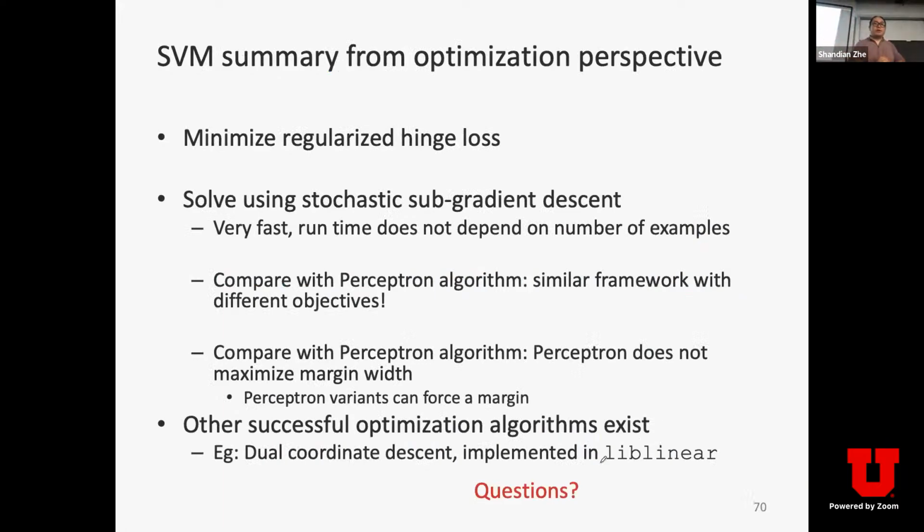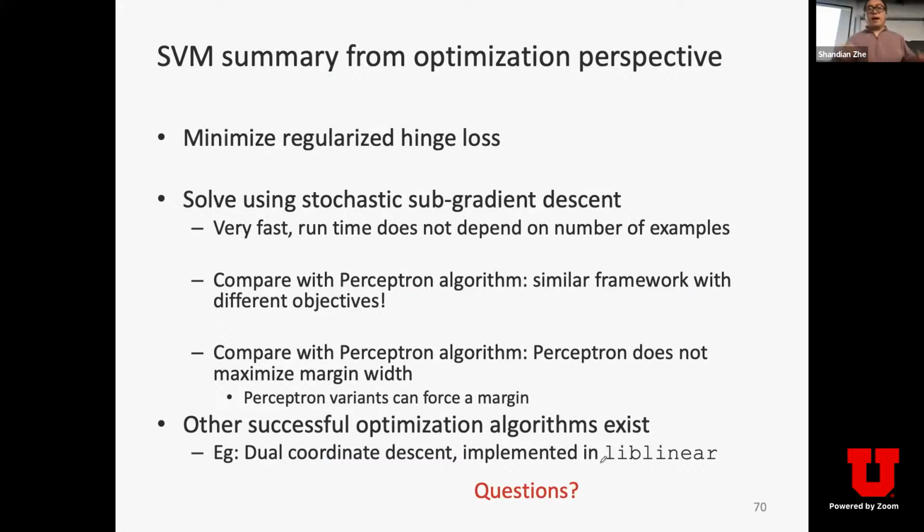Okay. So in summary, from the optimization perspective, SVM essentially is to minimize a regularized hinge loss. Remember, the objective function for SVM contains two terms. One term is the regularization term that penalizes overly complex hypothesis space and encourages large margin.